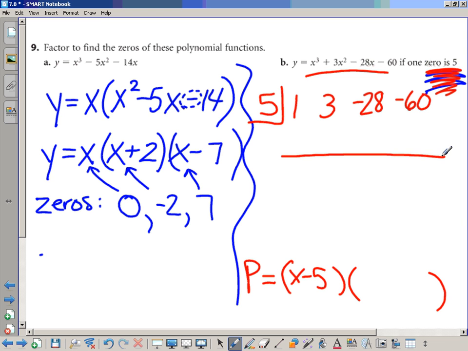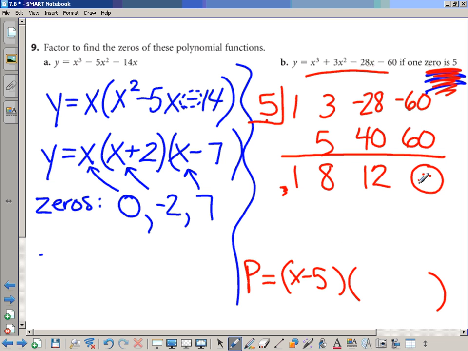Here's how synthetic division works. You put a big line under it. Bring the 1 down. 5 times 1, 5. That's not a decimal point, okay? Add. 8. Multiply. 40. And you can already see, I think it's going to work out, because -28 and 40 makes, and 5 times 12 is 60 plus -60 is 0. So that remainder part is 0. That's great.